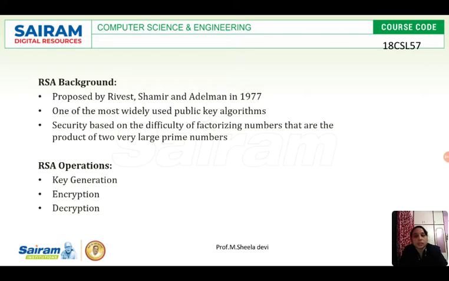What is public key cryptography? As I said in the previous video of the RSA algorithm theory, in public key cryptography there are two keys, one is the private key and the other is the public key. The private key can be used by that user only. If two users want to communicate with each other, user A will have two keys, a private key and a public key.